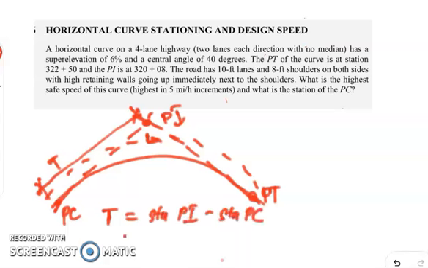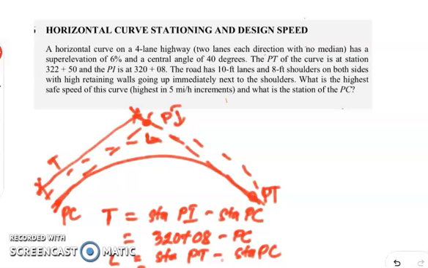Since the PI station is given, 320+08, then minus our PC. The length of the curve will be equal to the station of PT minus the station of PC, so the station of PT is 322+50, then minus PC.